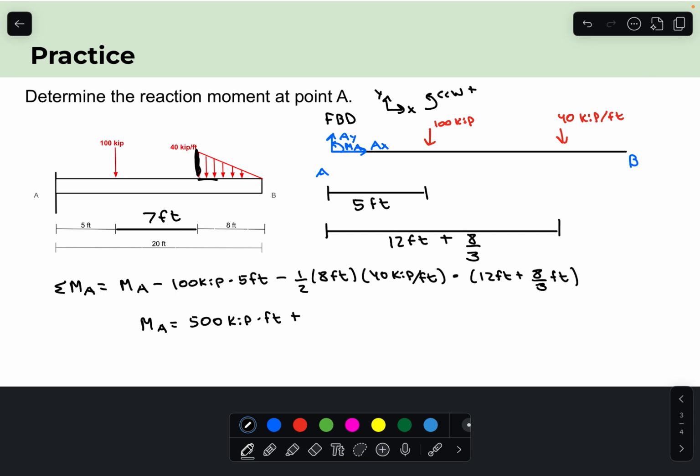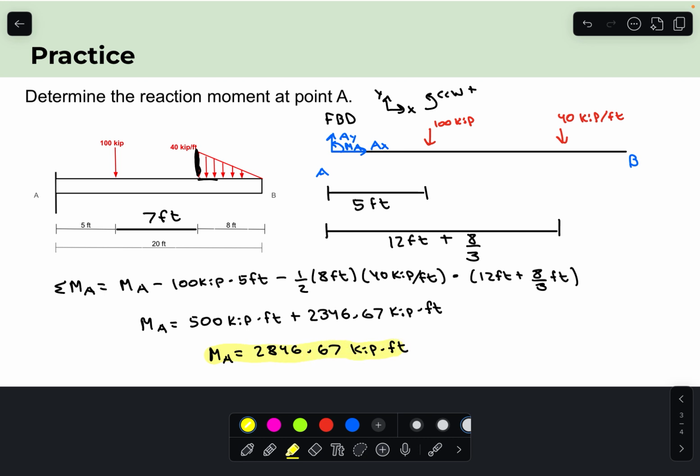And then doing 12 plus 8 over 3, taking 160 times that value on the calculator, you should get 2,346.67 kip times feet. Adding those two values together, you will get that the reaction moment at point A is 2,846.67 kip times feet. And that is your final answer.